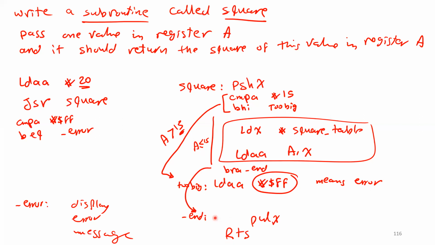There are two instructions I didn't explain here, guys: push X and pull X, right? That is because here I'm going to use register X. Again, as I said before, your subroutine should not mess up the main function, right?